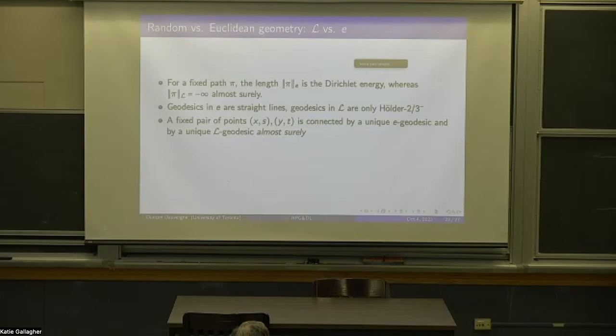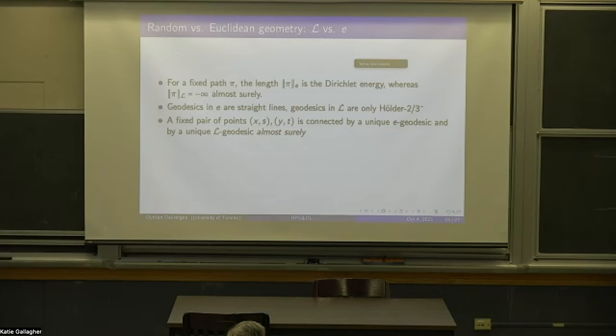So geodesics in E are straight lines, but geodesics in L are rough. Here's something kind of nice. If you look at a fixed pair of points, then they're connected by a unique geodesic in E, and almost surely connected by a unique geodesic in L. The picture is this. In E, with its simple geometry, geodesics are straight lines.